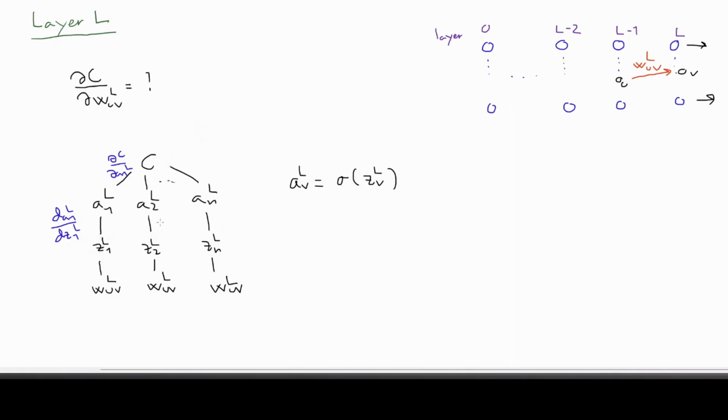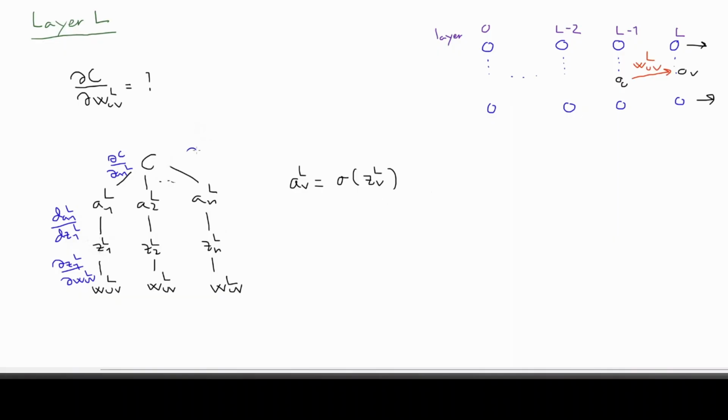Now, the weighted input, as you recall, was a linear combination of several weights and biases. So the weighted input itself is a multivariable function, and therefore when we consider the derivative of the weighted input with respect to w_uv, this is going to be a partial derivative. And then we're going to do this for every other branch.